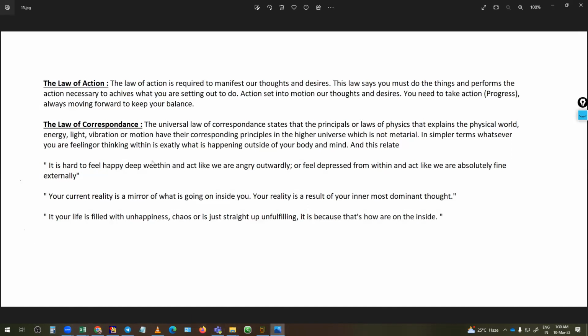The law of correspondence. The universal law of correspondence states that the principles or laws of physics that explain the physical world, energy, light, vibration, or motion, have their corresponding principles in the etheric or the higher universe, that which is not material.